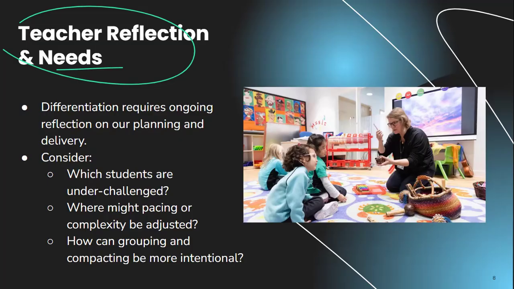This kind of reflection is what separates reactive differentiation from proactive differentiation. It's not about constantly creating new lessons, but about refining and adapting the lessons we already have to better meet students where they are, especially those who are ready for more.